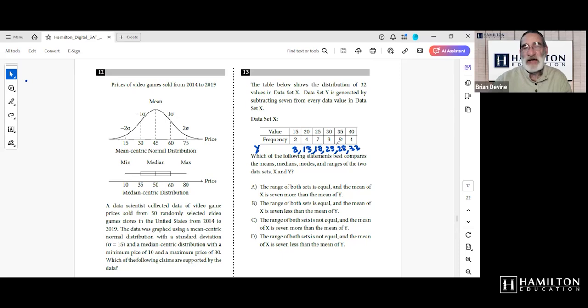So Y is going to be that set. And the frequency of 8 would be 2, of 13 would be 4, 18, 7, respectively.